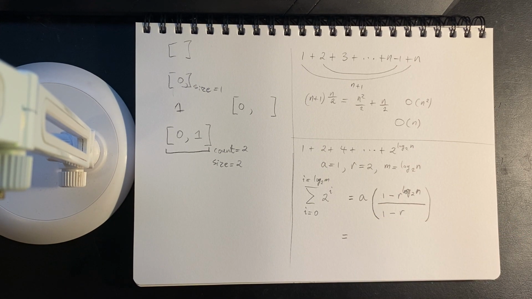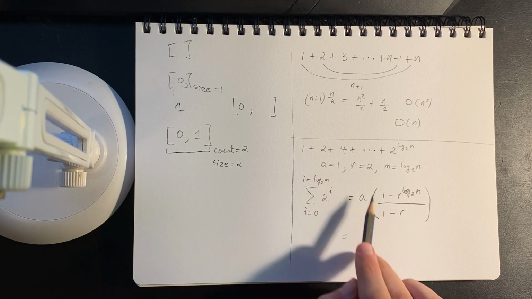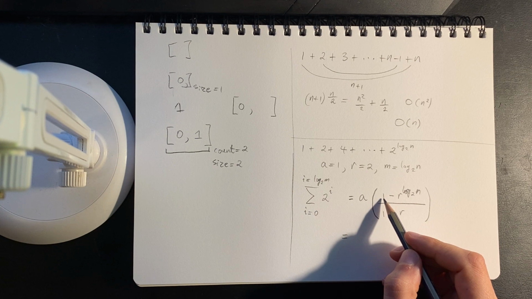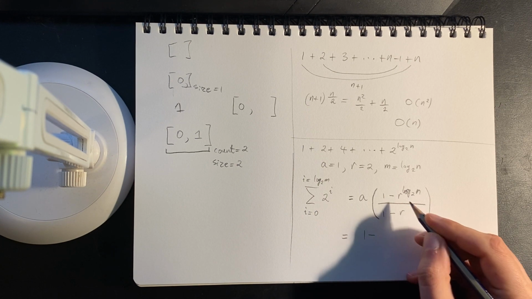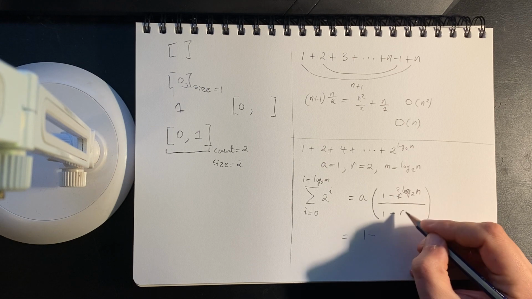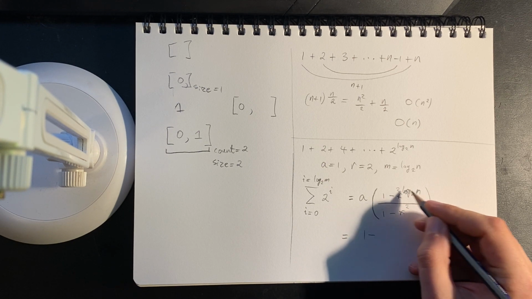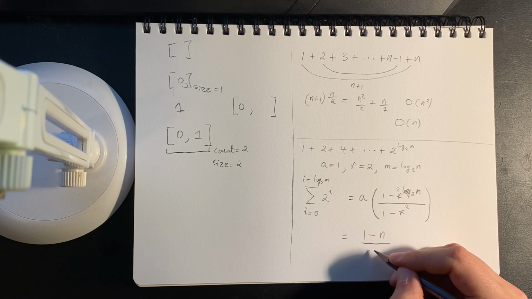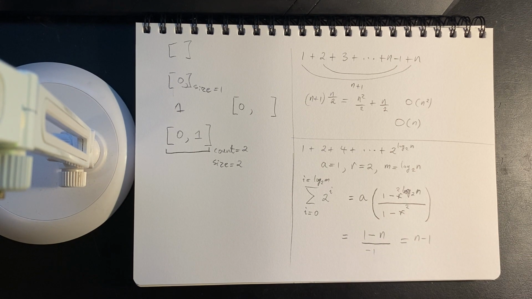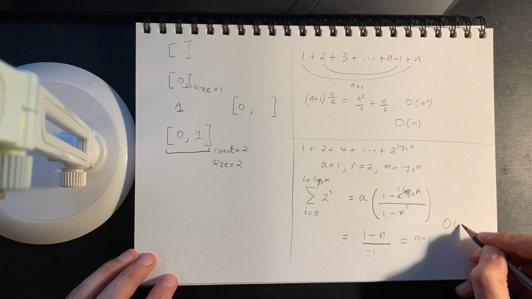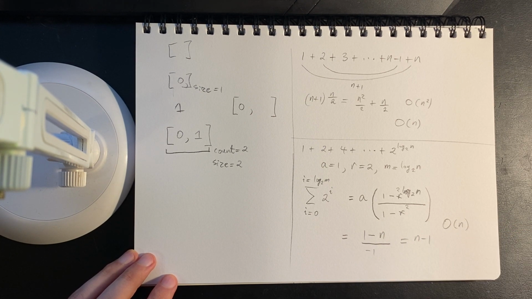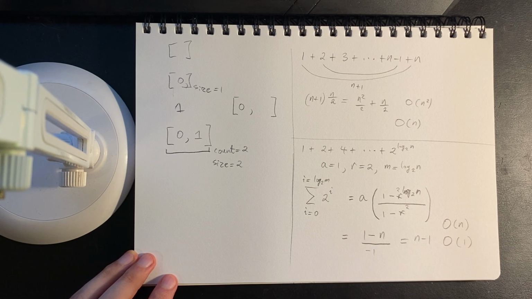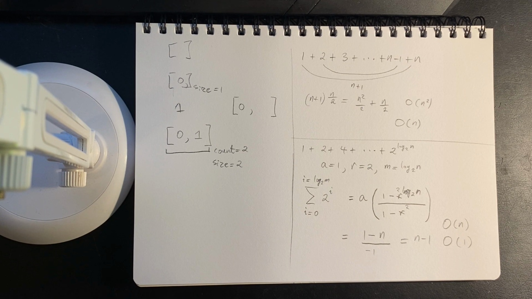Okay, I think that's correct. So a equals 1, it's 1 times some stuff, and then we have 1 minus, and 2 to the log 2 n cancels out, so we have 1 minus n over negative 1. That's n minus 1. So that is order n, a linear operation to resize n times, and amortized out over n operations, that's an average constant resize time.